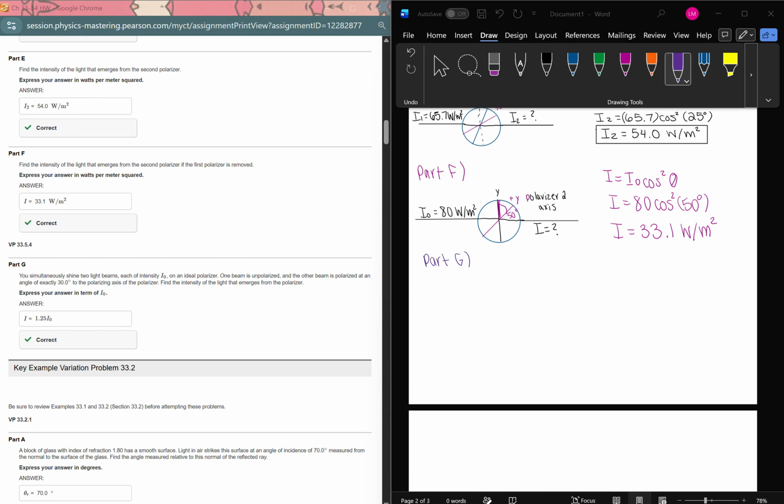Let's go ahead and draw the diagram. This will be a little difficult to draw. Let me draw it and then I will explain it after. 30 degrees around here, let's say.